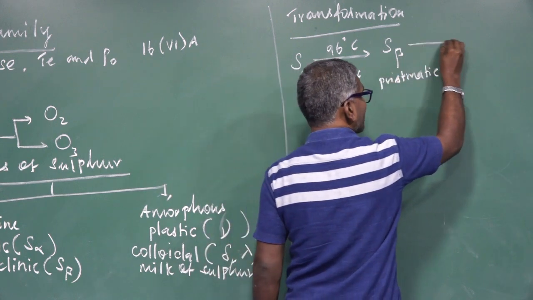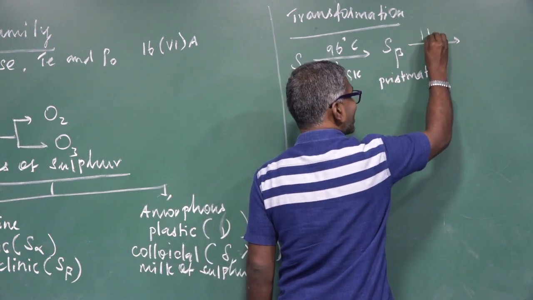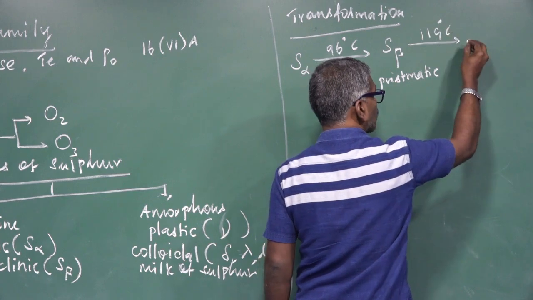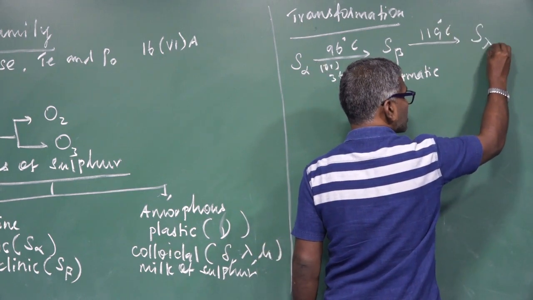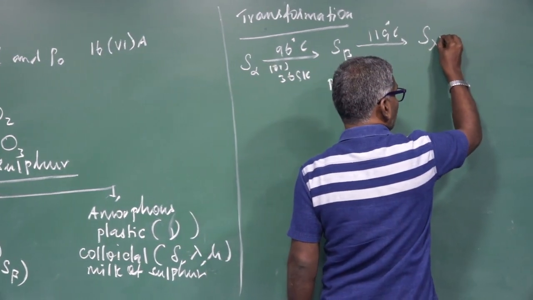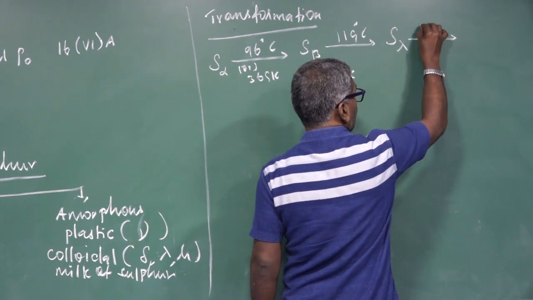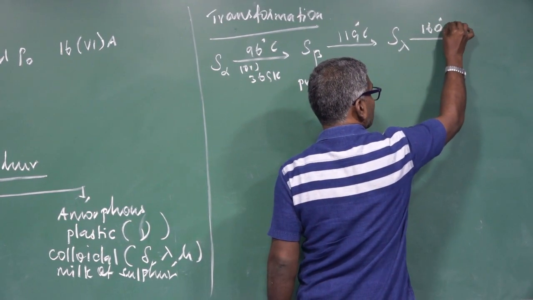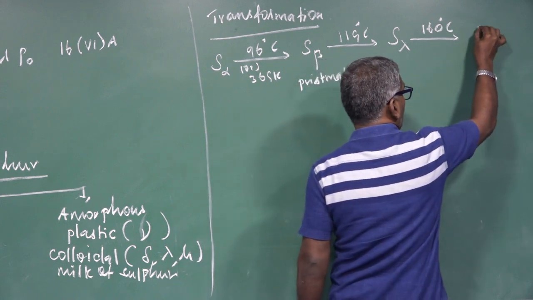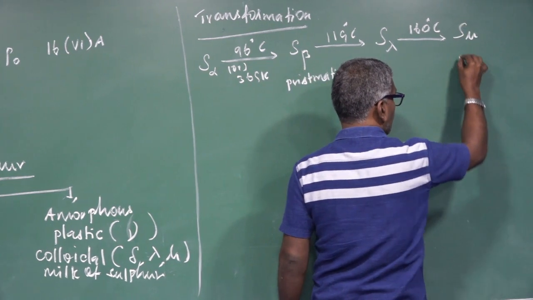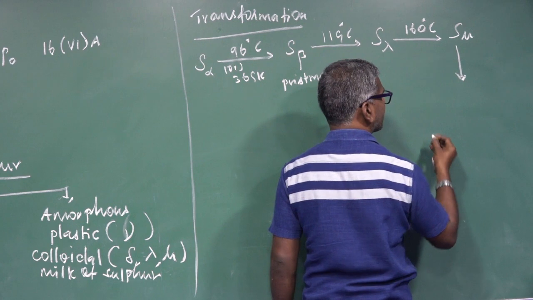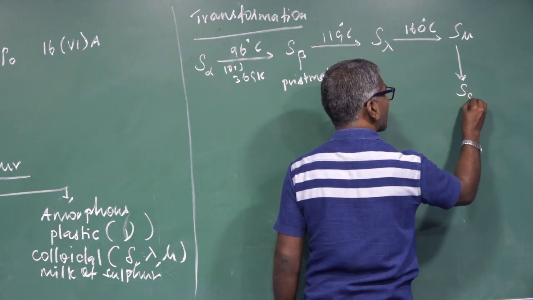This further heated at 190 degrees Celsius forms delta sulfur. This further heated at 160 degrees Celsius forms mu sulfur. Mu sulfur further heated forms sulfur 8.